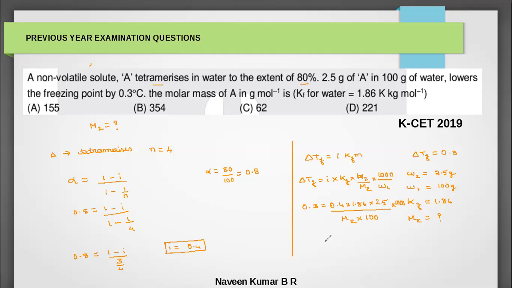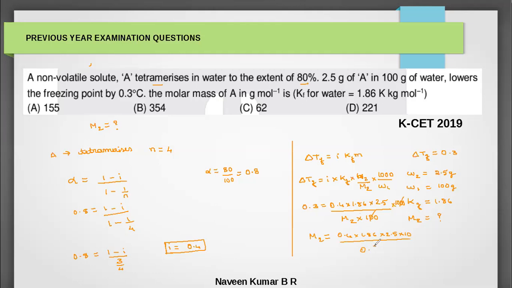If we consider the simplification, M2 is equal to 200, and so we'll have 10 here approximately: 0.4 into 1.86 into 2.5 into 10 divided by 0.3.